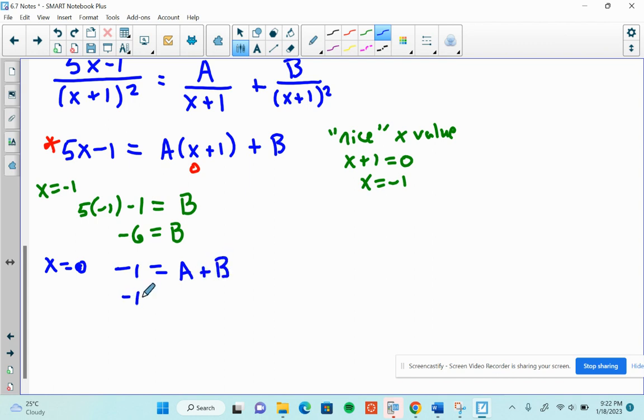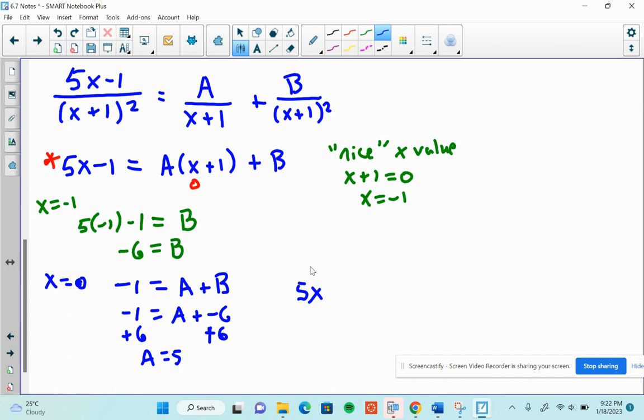But we already know that b is negative 6. You can write it as plus negative 6, or you can write it as subtract 6. So if I add 6 to both sides to zero that out, we get that a equals 5. Okay? And then our last step is to rewrite this equation right here with the a and b replaced with the numbers that we found.